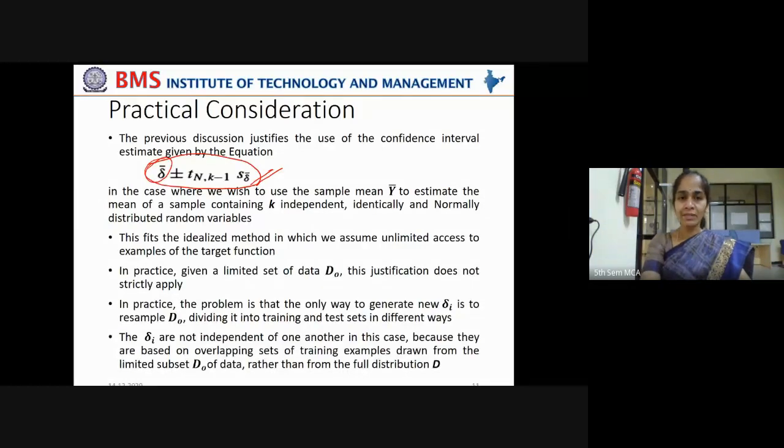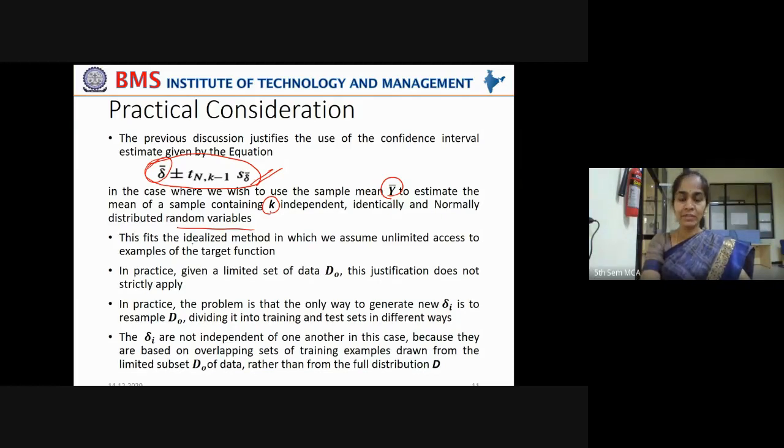So in this case, we wish to use the sample mean y bar to estimate the mean of a sample containing k independent, identically and normally distributed random variables. So we wish to use the sample y bar to estimate the mean of a sample containing k independent random variables.